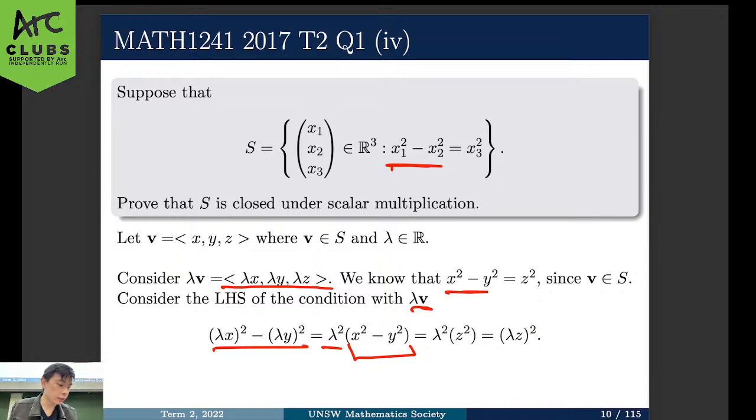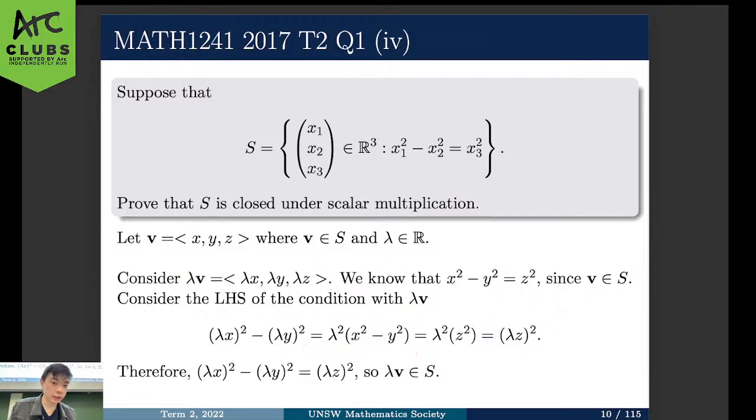So we sub it in, and then we get (λz)², and this gives us the equation right here, and that essentially proves that λv is inside S. So we can just say, hence, S is closed under scalar multiplication.